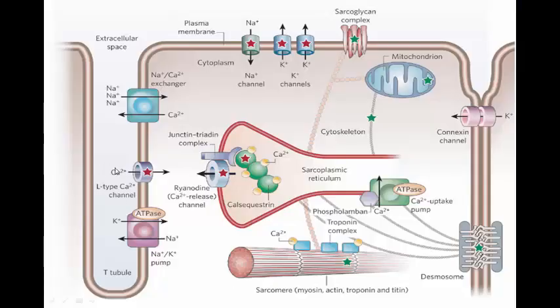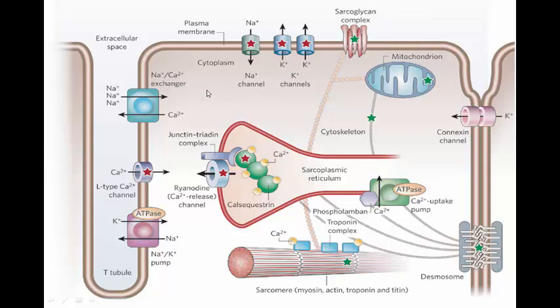So this diagram shows the sodium-calcium exchanger in the sarcolemma. So for every 3 sodium ions getting in down their electrochemical gradient, 1 calcium ion gets out. Now these sodium ions get in down their electrochemical gradient because the concentration of sodium ions is low in the cytoplasm.